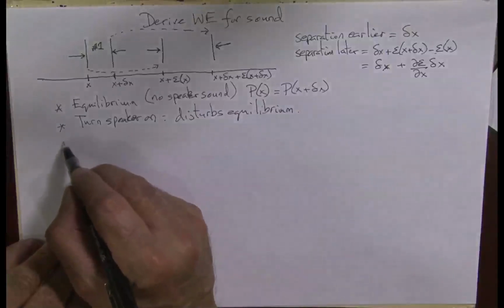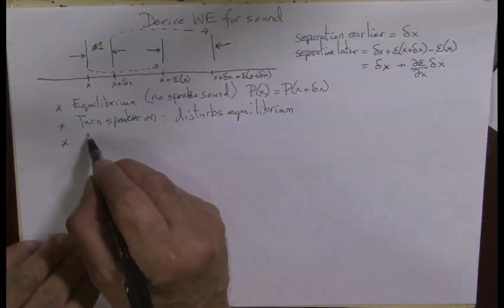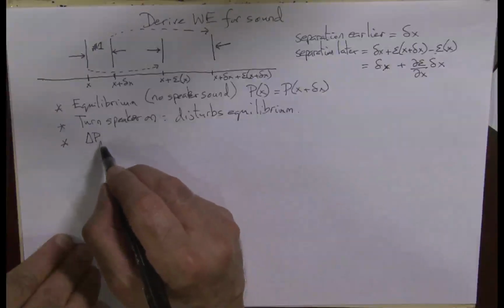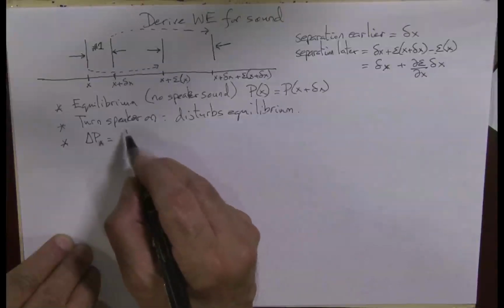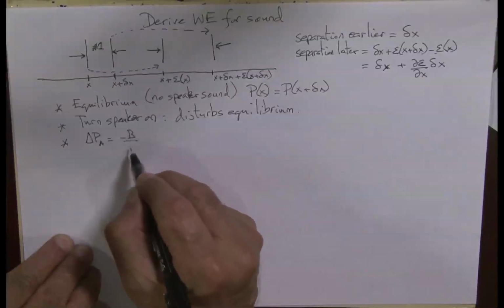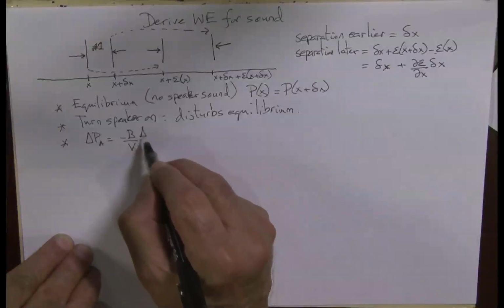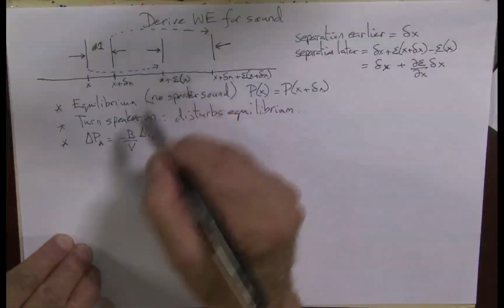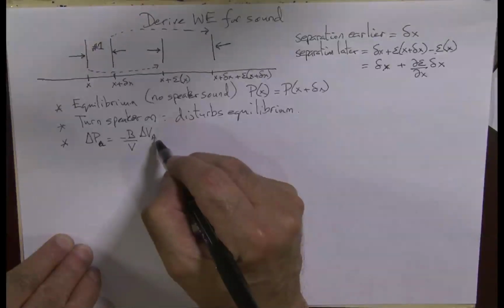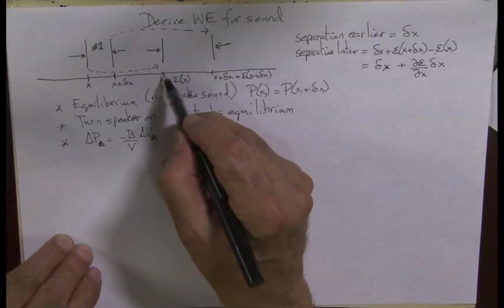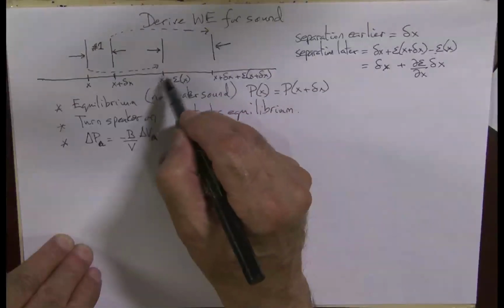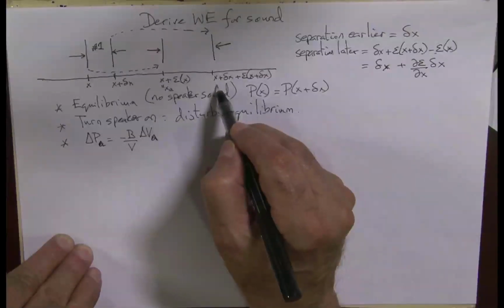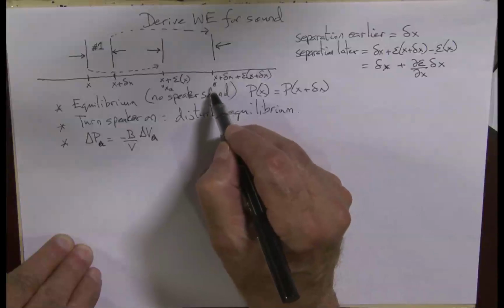So let's remember what we had just learned, that when you squeeze something, then delta P is minus B over V delta V. I'm taking this to be the position A, so at this position A, let's call this XA, this position here XB.